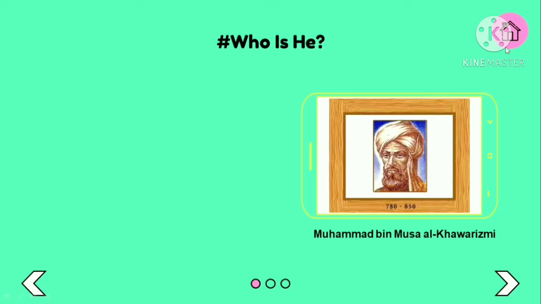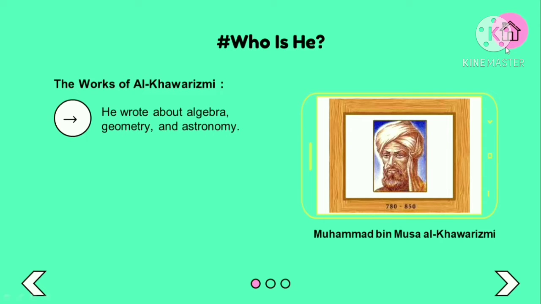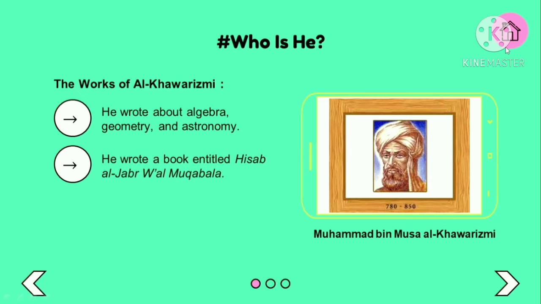in Baghdad. The works of Al-Khwarizmi are: first, he wrote about algebra, geometry, and astronomy. Second, he wrote a book entitled Hisab al-Jabar wal Muqabalah. In this book, Al-Khwarizmi developed ways of solving quadratic equations with a geometric approach.